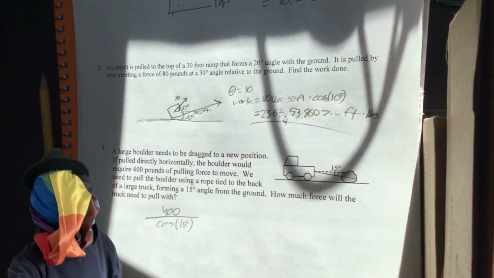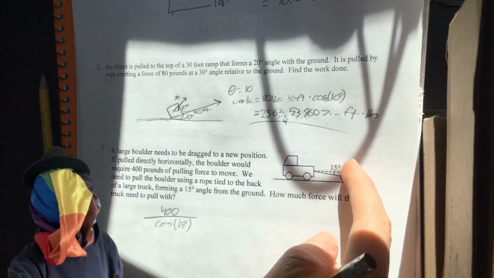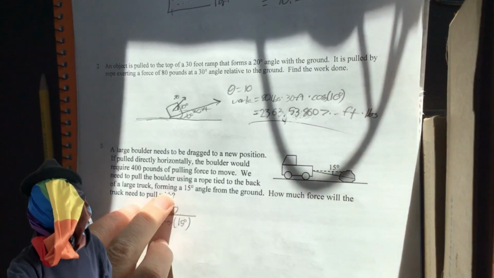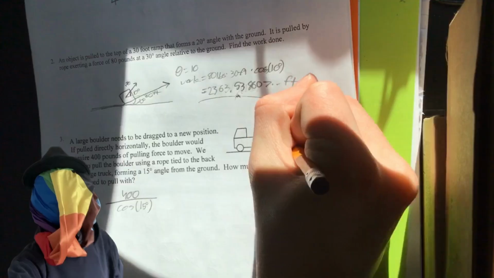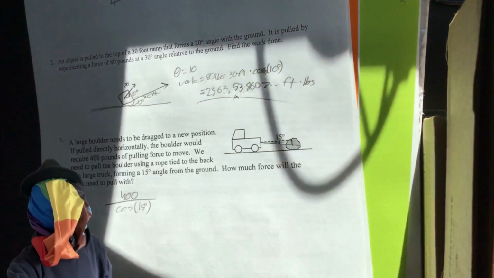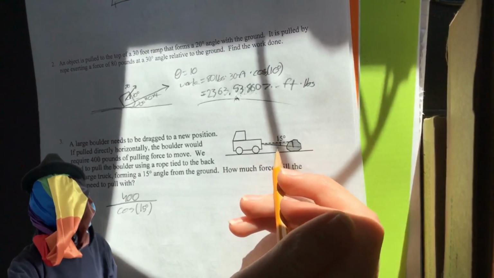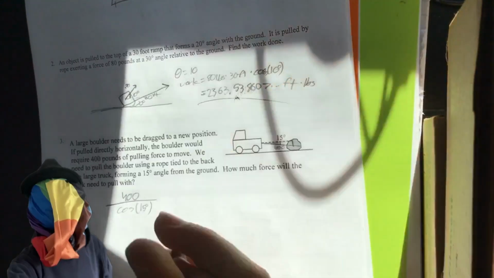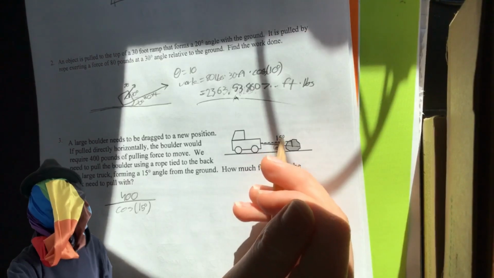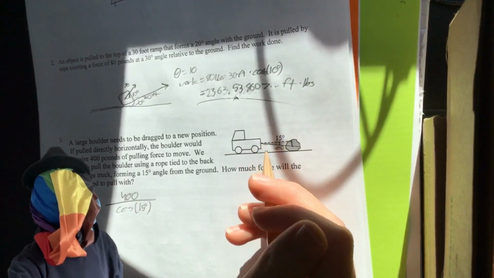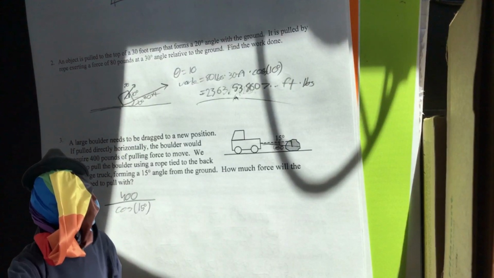That is going off the other calculation that we can do. We can calculate the amount of force put on it, which is this vector right here. Since we had the degree measure right here and the length right here, which we know is 400, we know that 400 times the cosine of 15 degrees equals the length of this edge, which is how much force is actually being exerted on it.